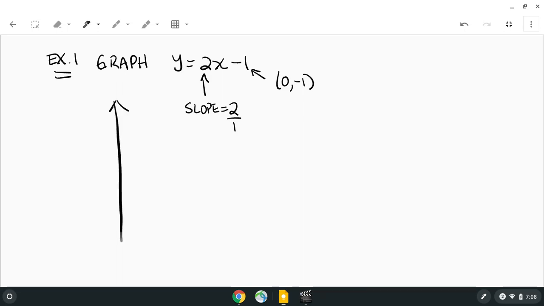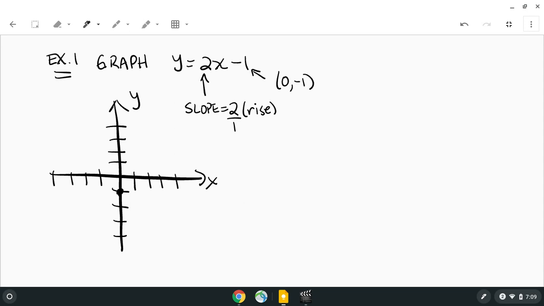So when I graph this, all I have to do is plot this point. So (0, -1) is right over here. I plot the y-intercept, and then I do my slope starting at the y-intercept. Here, my slope is rise 2 and run 1, because slope is rise over run.